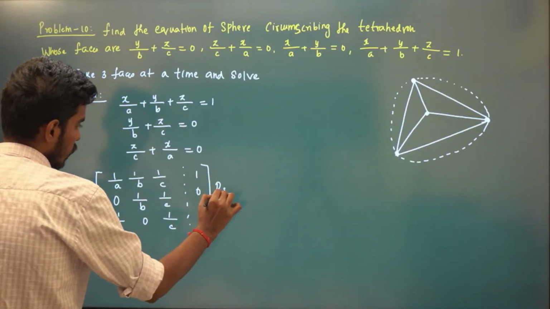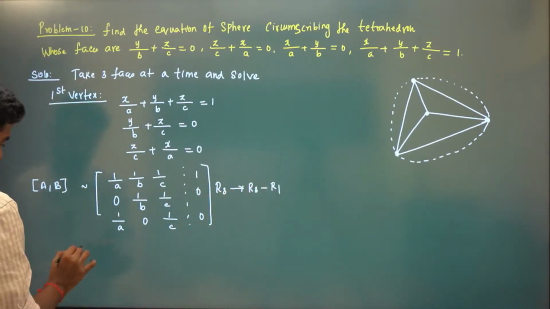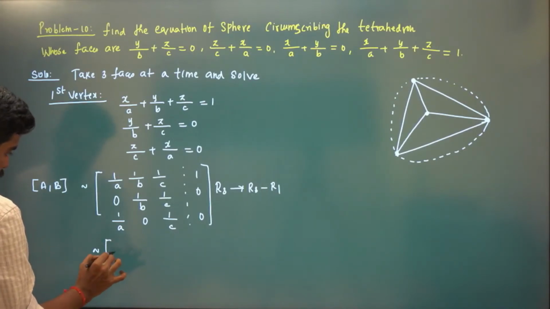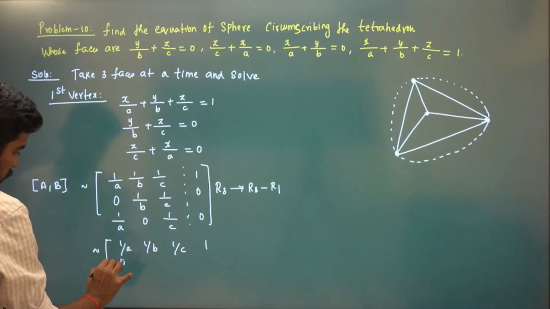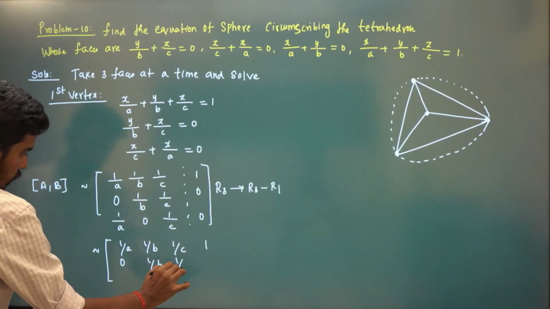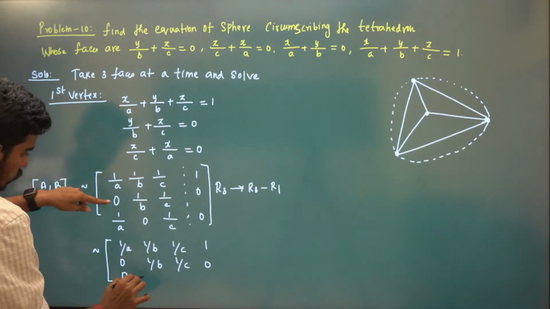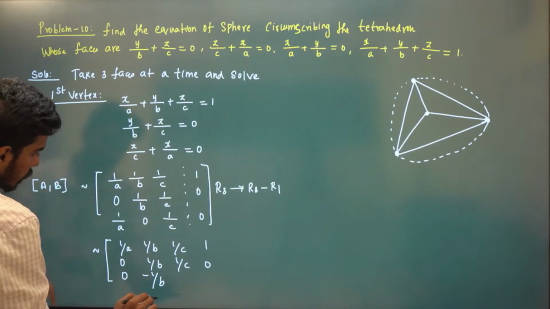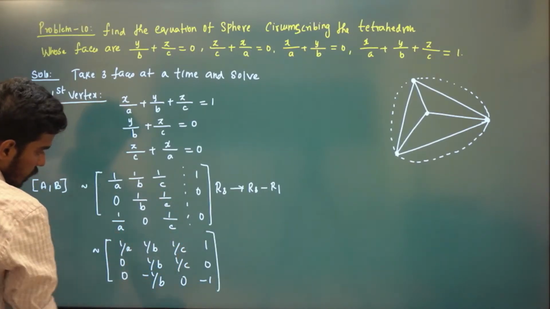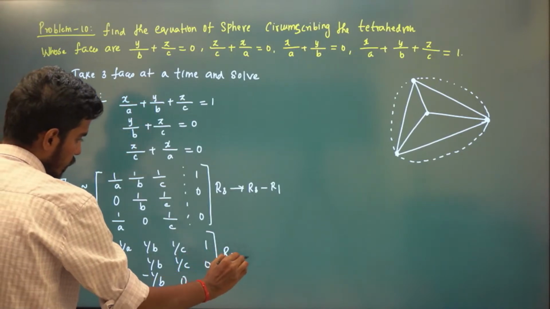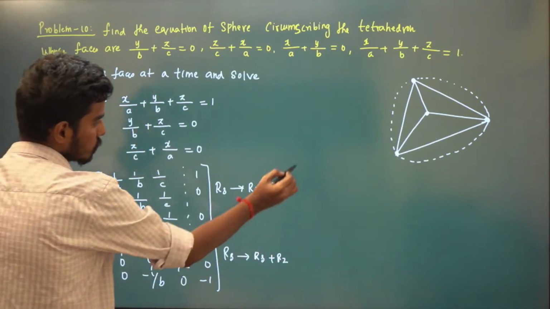Make use of R3 transformed to R3 minus R1. This is equivalent to 1 by a, 1 by b, 1 by c, 1; 0, 1 by b, 1 by c, 0; and R3 minus R1 gives 1 by a minus 1 by a, minus 1 by b, 1 by c minus 1 by c, 0 minus 1. Now make use of the operation R3 transformed to R3 plus R2.